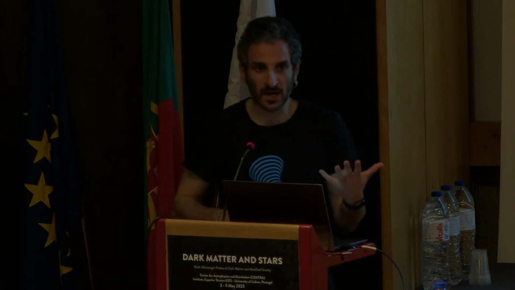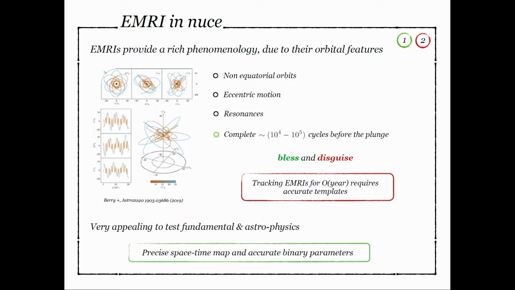But the striking fact is that you can observe these systems for, let's say, 1 year of evolution in LISA, and they will complete between 10^4 and 10^5 cycles in the LISA band, okay? Now, as we say, this is a blessing in disguise.